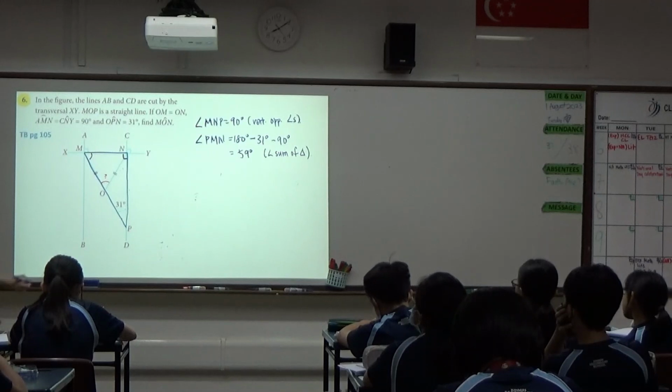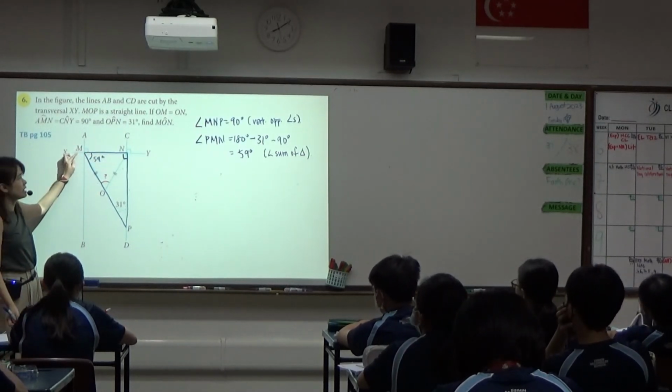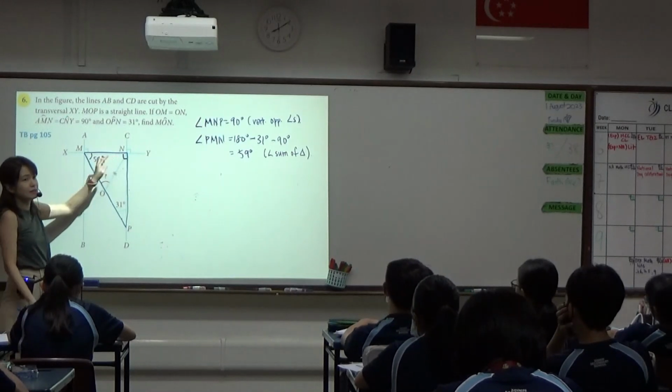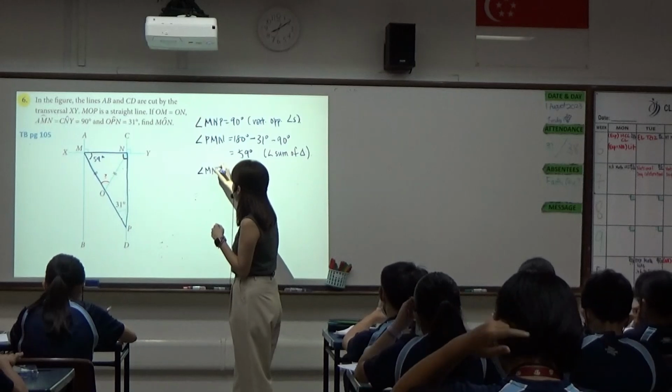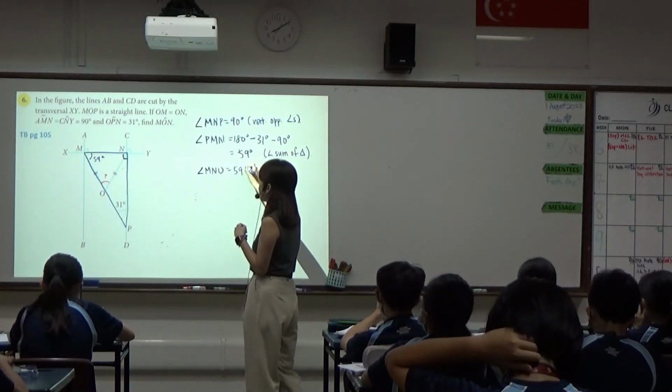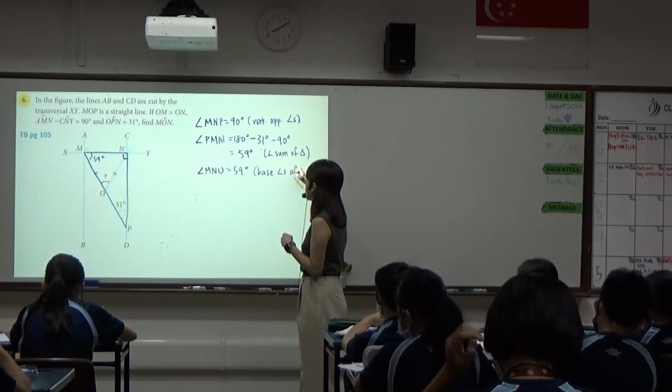Okay, so it's an isosceles triangle, so this other angle is also 59 degrees. And how we would present that is MNO equals 59 degrees, base angles of isosceles triangle.